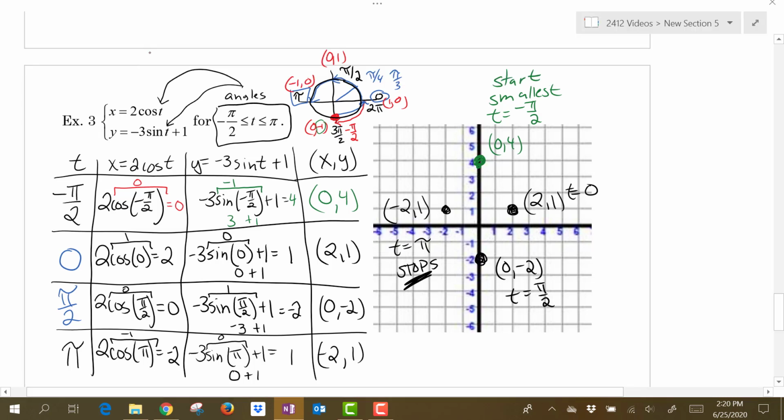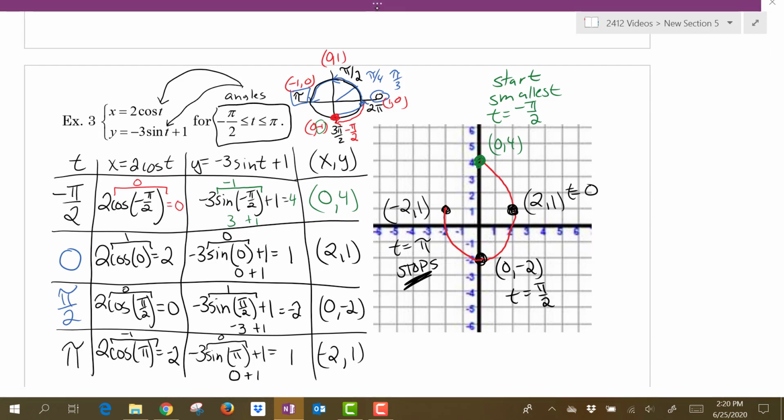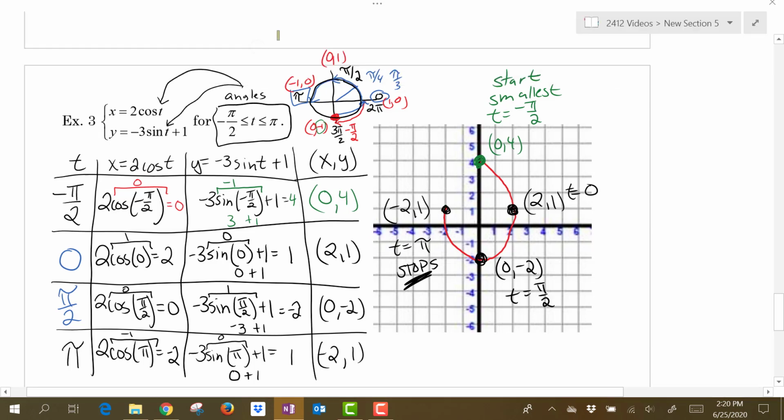Alright, so you want to be careful of something here. When you go to connect these, you start at the smallest t value, connect the dots until you get to the largest t value, and then you stop. Now you might be tempted at this stage to try to connect from here to here.